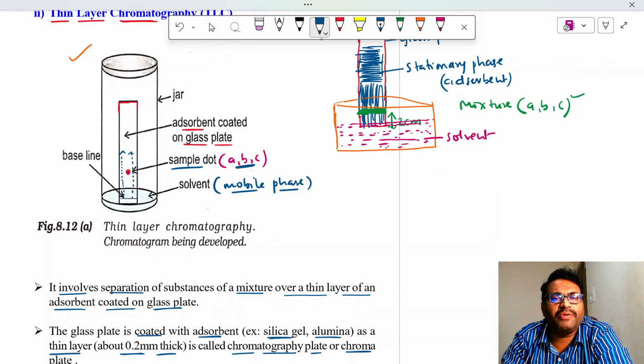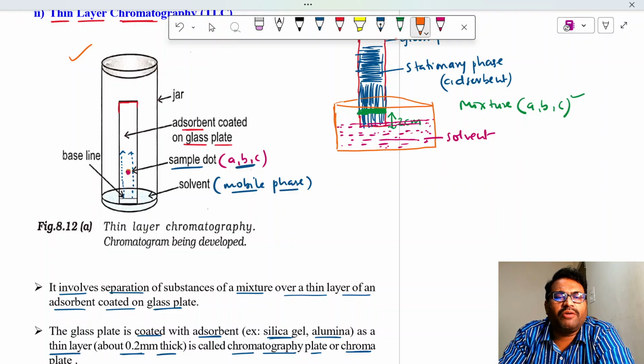When it is carrying the components, depending upon their adsorption capacity, which we have already studied, some have more tendency, some have less tendency. Before, we have seen that A has more tendency than B, and B has more tendency than C regarding adsorption. As A has more tendency, A will stop after moving some less distance.